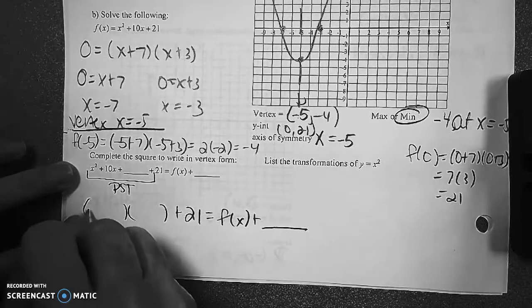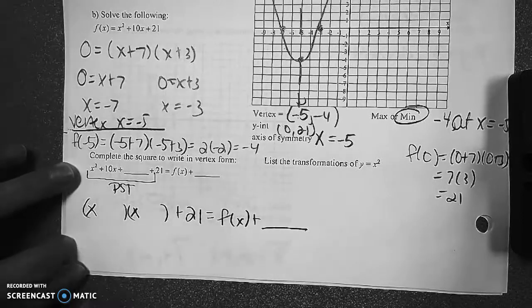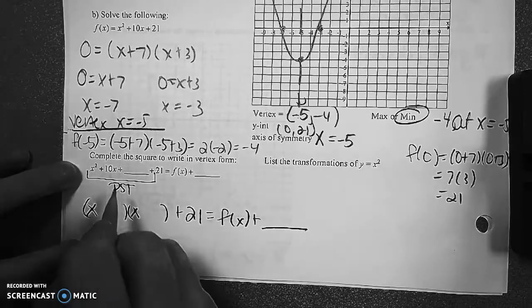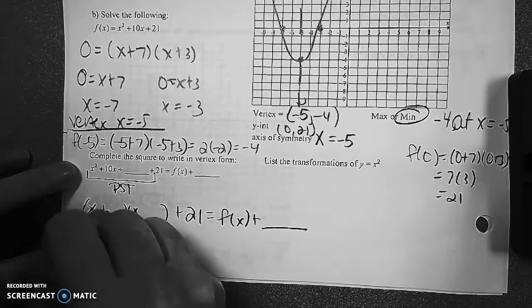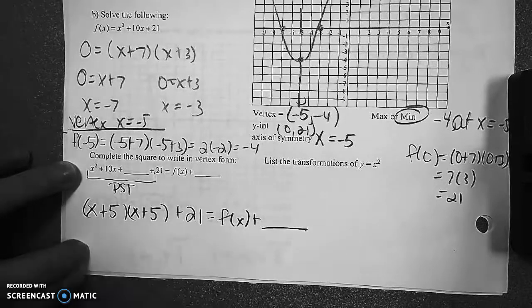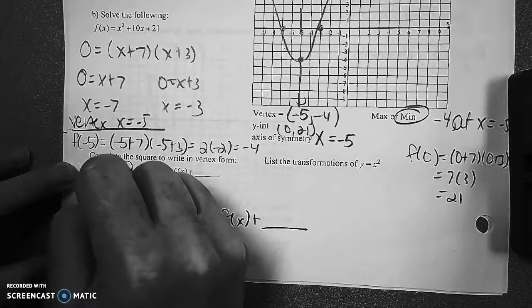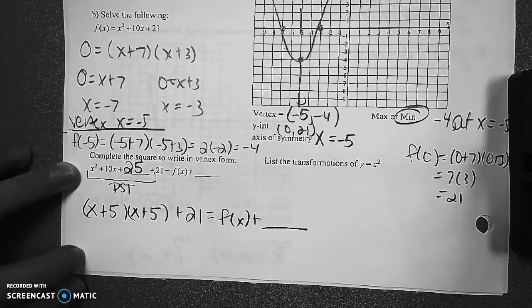So I think about, to get x squared, I need x and x. A PST means your two factors are exactly the same. So what would give me a 10 in the middle? Well, I would need a 5x and a 5x. Which means I would need to have 25 in this blank. So x squared plus 10x plus 25 is what factors into (x + 5) times (x + 5).